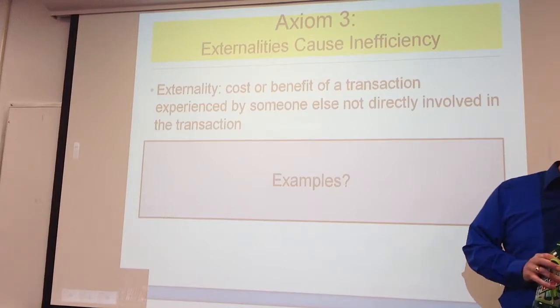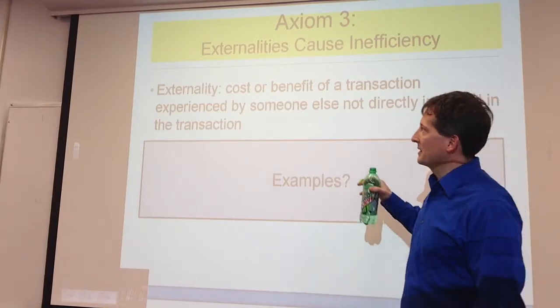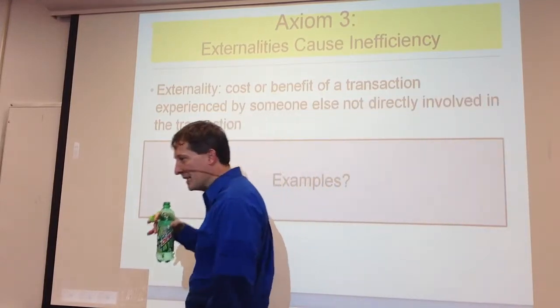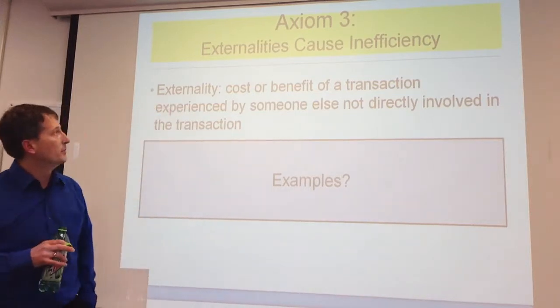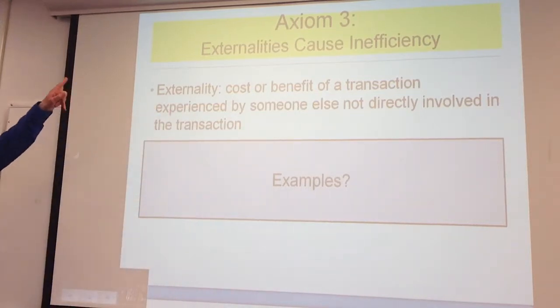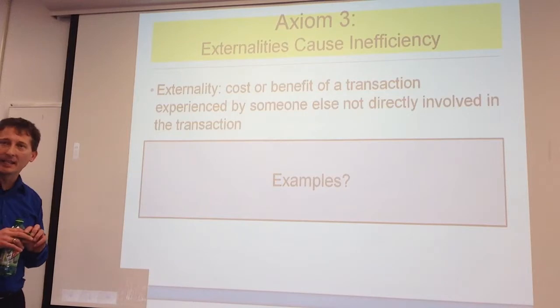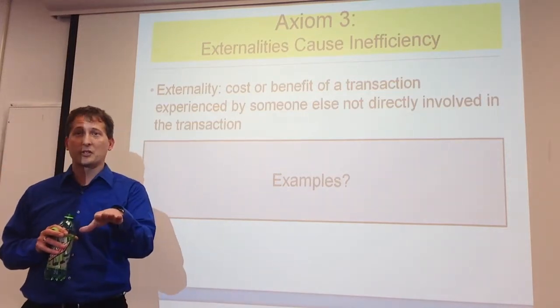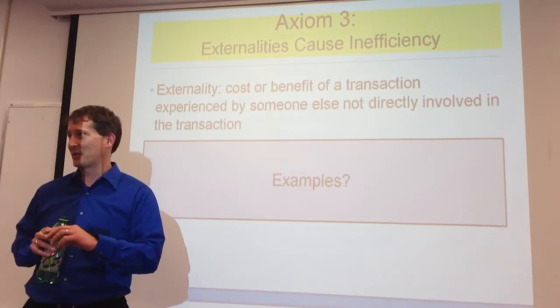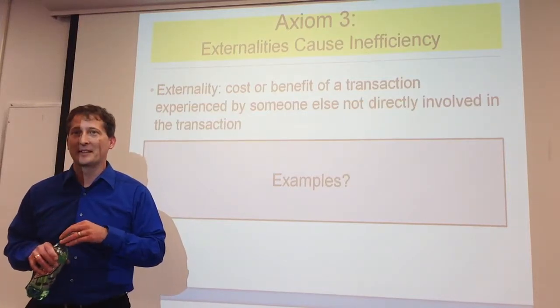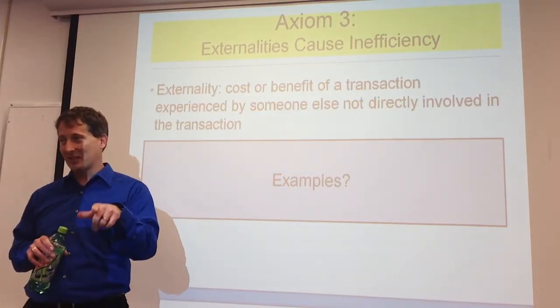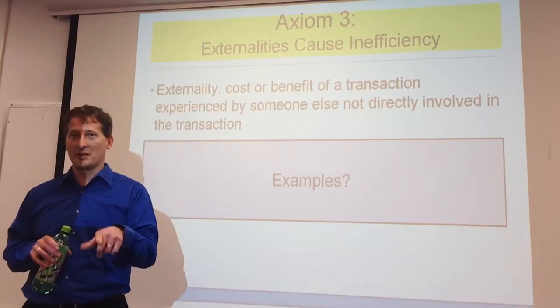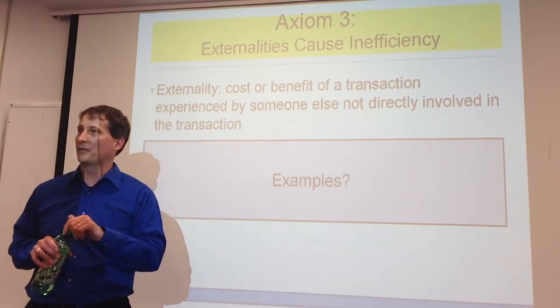But what do we hang our hat on when we say an externality is going to be bad? Externalities cause inefficiency because it's not allocatively efficient. What is allocatively efficient? When what happens? Marginal social cost equals marginal social benefit.